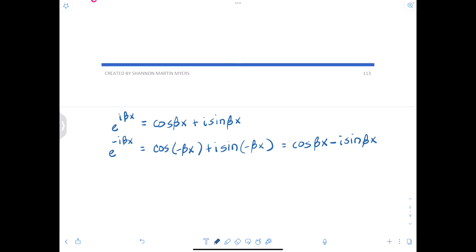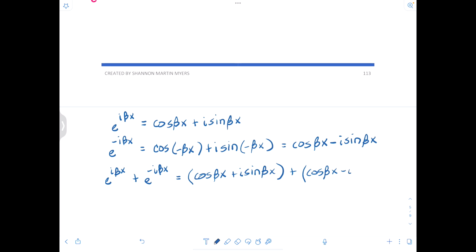Now, let's add those together. So we're going to add e to the i beta x plus e to the negative i beta x. Now that's going to equal cosine beta x plus i times sine beta x, and then plus cosine beta x minus i times sine beta x.